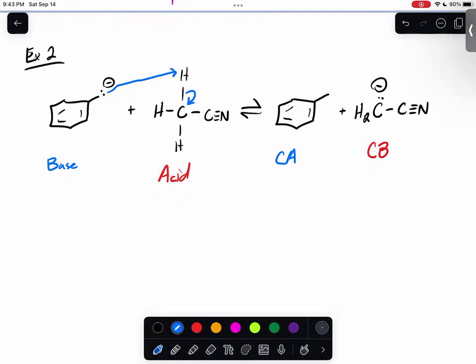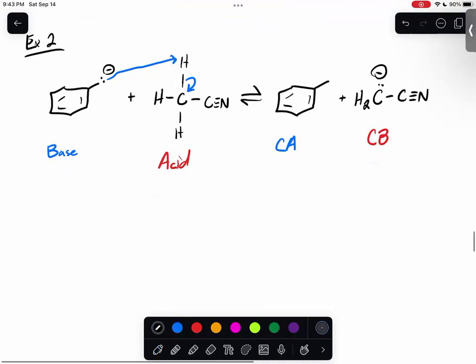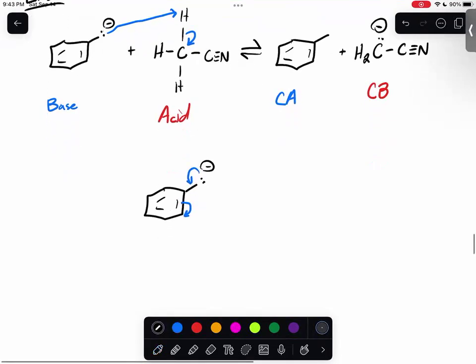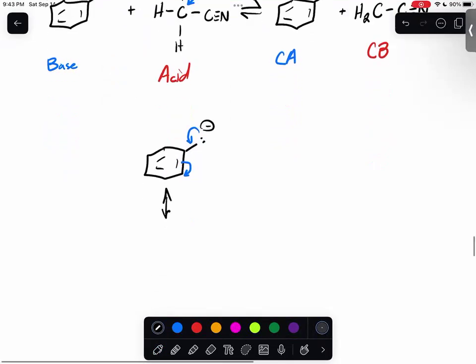So looking at our base in this example, we have the negative charge on this carbon out here, and negative charges on carbons are a pretty bad thing. But the good news is at least it has some resonance. It can move that negative charge throughout that ring there. But the thing with this resonance is it can do quite a bit of it, but essentially in the end, all it can ever do is place negative charges onto other carbons.